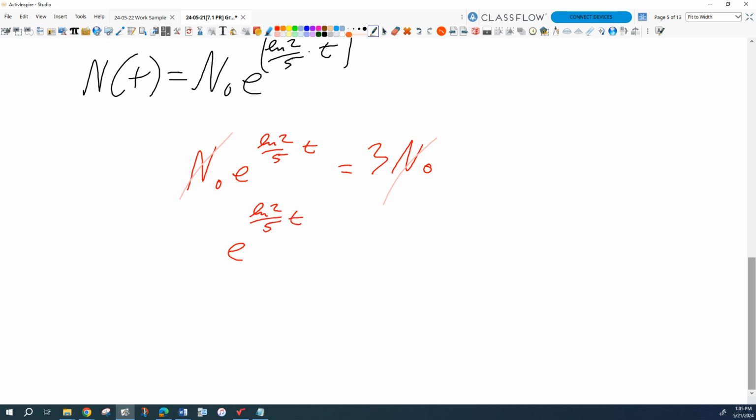Keep in mind, that's just some number. We could put it in a calculator. It's just going to give us some crazy decimal. So e to that constant times t equals 3. And so we would just log both sides. Absolutely.